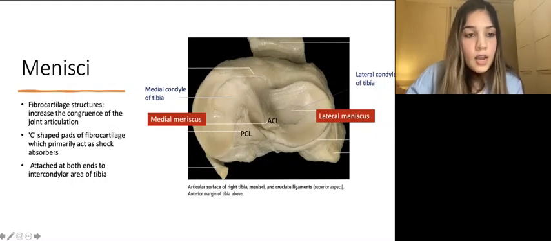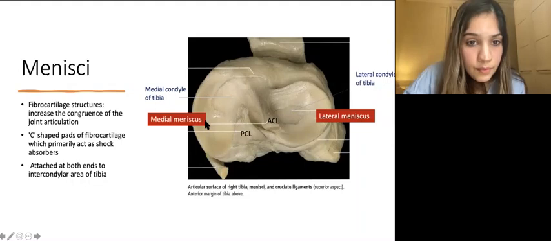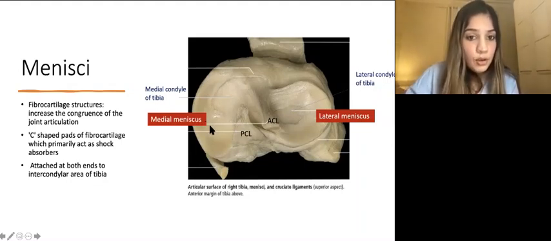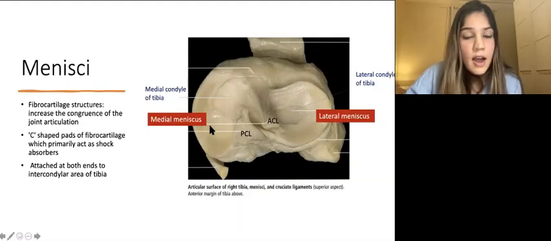The medial meniscus is fixed to the tibial collateral ligament, which makes it more prone to injury. You get meniscal tears, which are often seen in clinical practice.